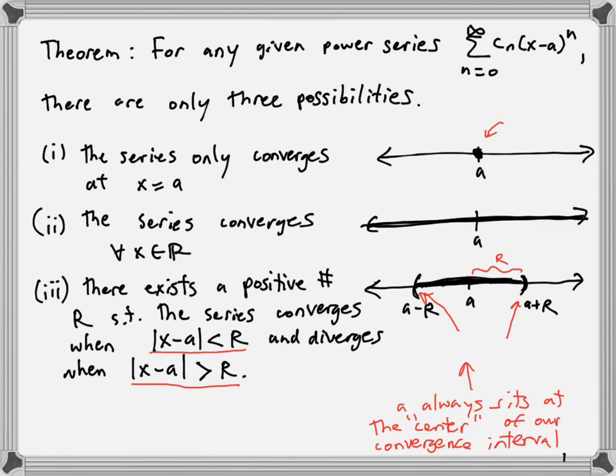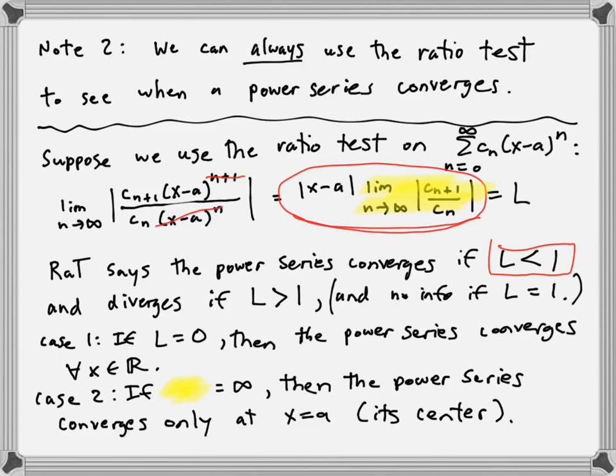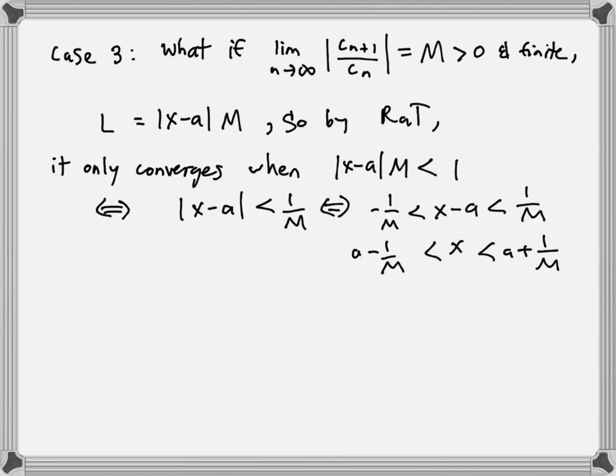Well, let's go back to our ratio test, right? If we look at the ratio test, we actually said that if that guy was less than 1, it converged, right? But remember, the ratio test says that when it's equal to 1, we get no information. And that's exactly when this is going to happen, right? When x minus a is equal to this, then this means we get no info from the ratio test.